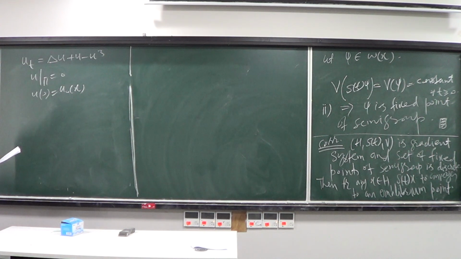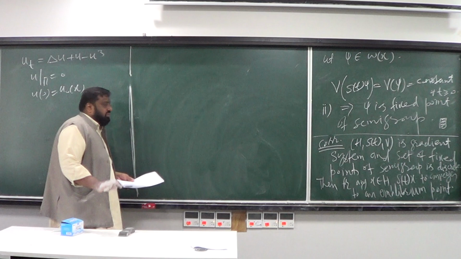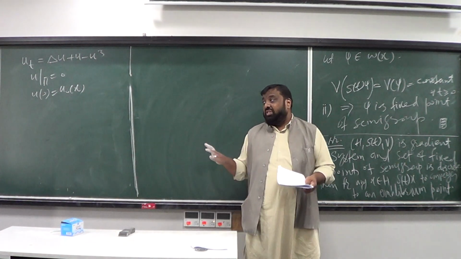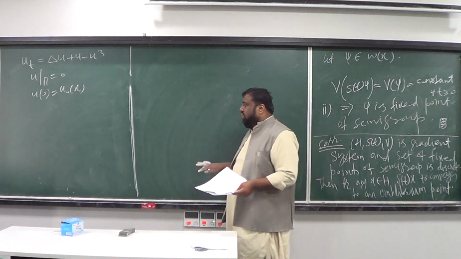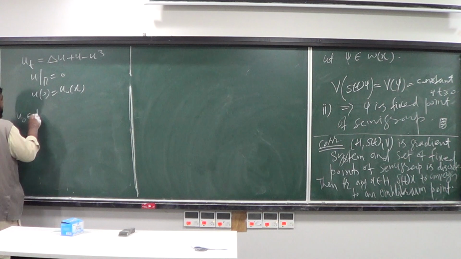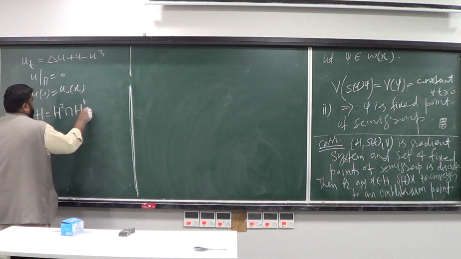By the way, what we know about this problem, for this problem we have discussed many things. We kind of proved that this equation has a global solution. For any u naught you take from H, that H is say H2 intersection H1 naught.